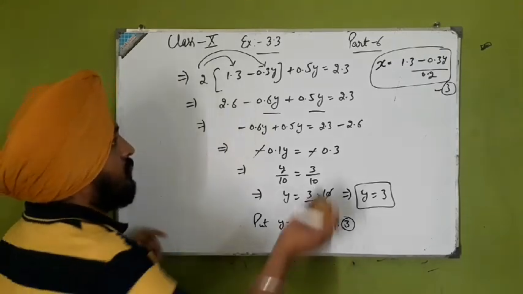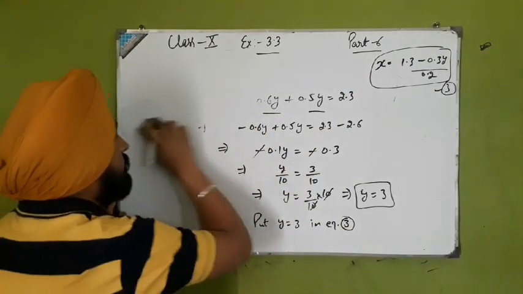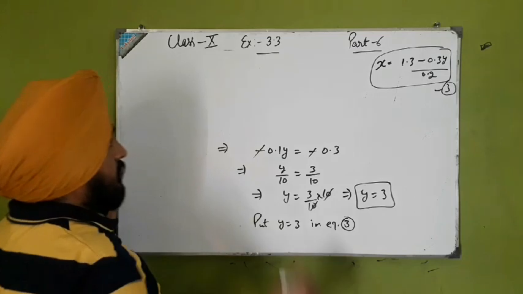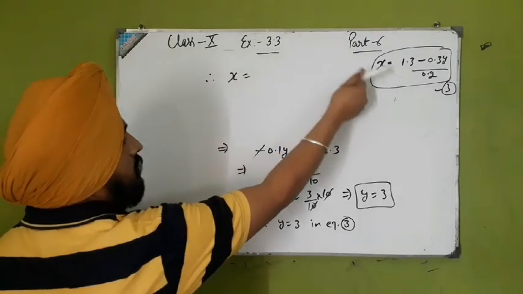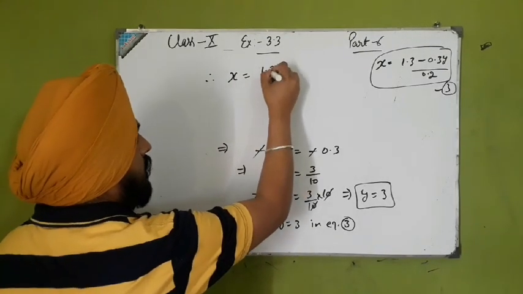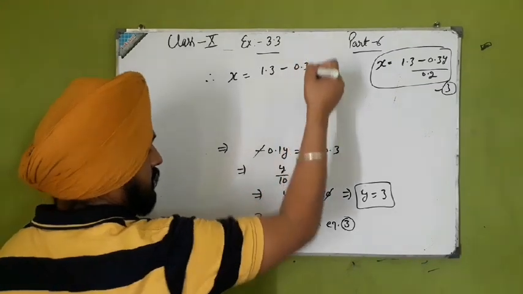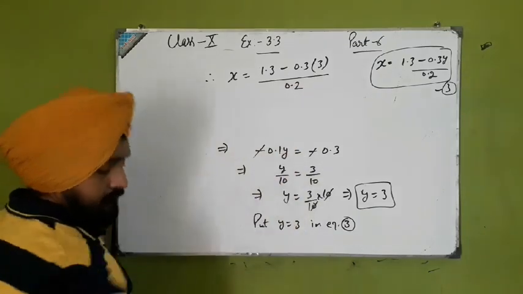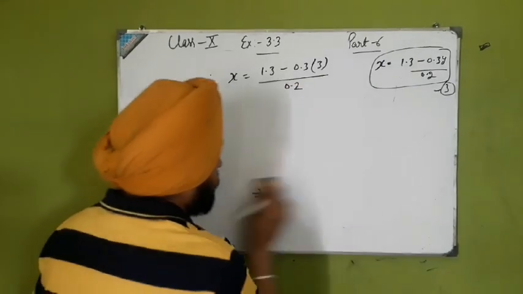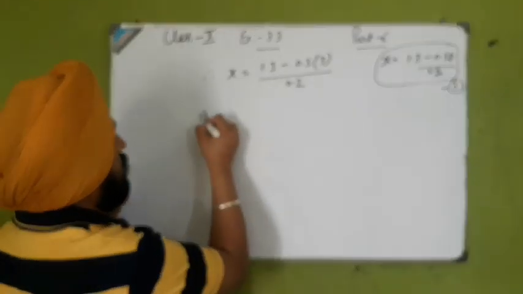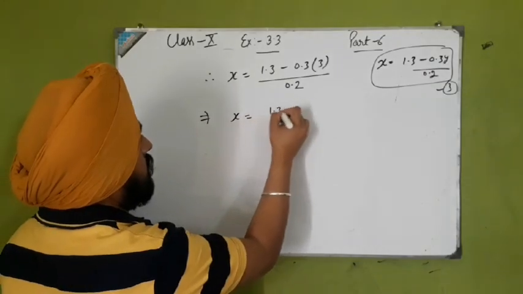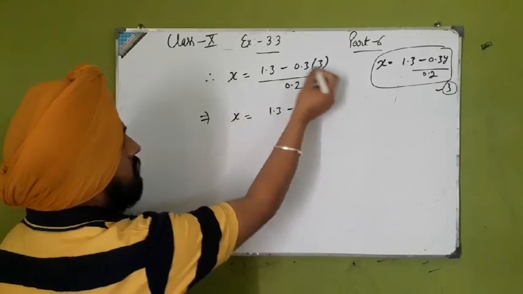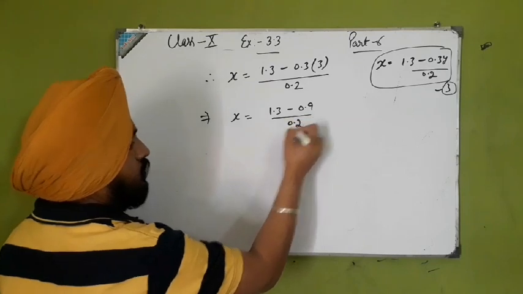By putting this value of y in the third equation, therefore x is equal to 1.3 minus 0.3, and the value of y is 3, put y as 3 there, over 0.2. Now solve for x. It implies the value of x is equal to 1.3 minus 0.9 over 0.2.